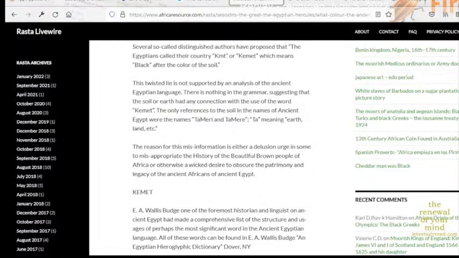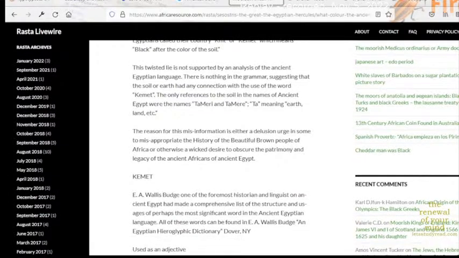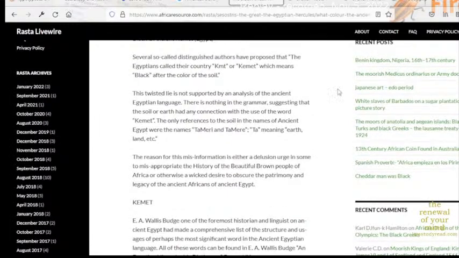Ta meaning earth, land, etc. So this reason is the misinformation. It is either a delusion urged to misappropriate the history of the beautiful brown people of Africa, or a wicked desire to obscure the patrimony, the legacy of the ancient Africans of ancient Egypt, right? So it says ancient Egypt referred to the name Temeri.